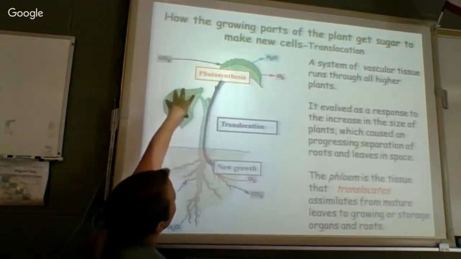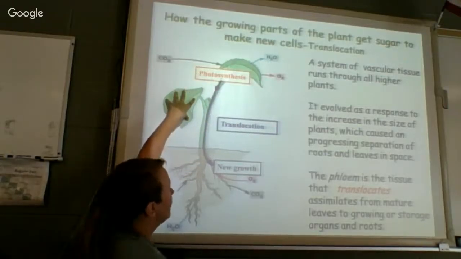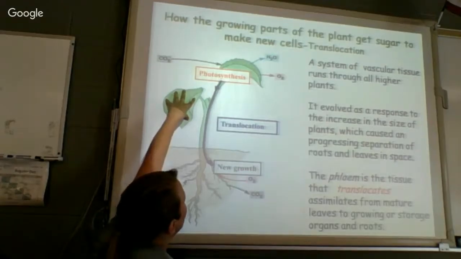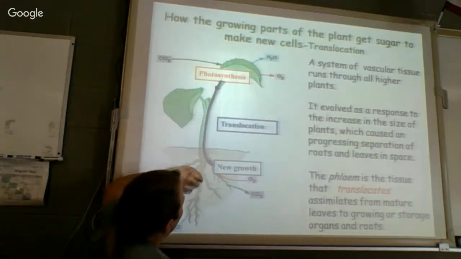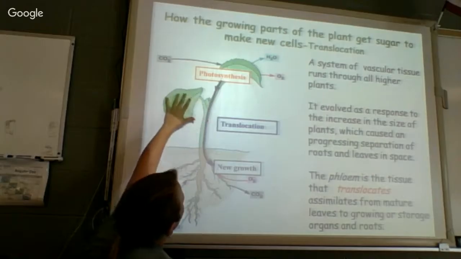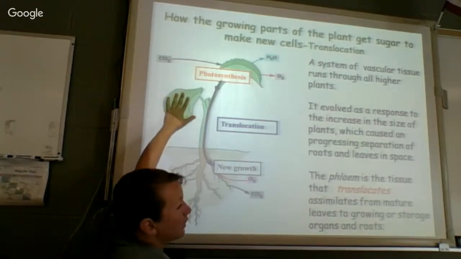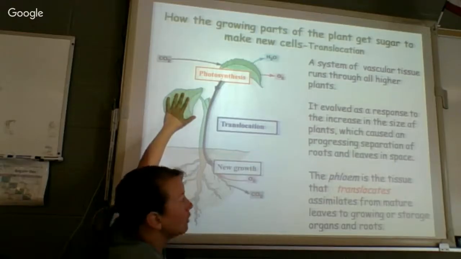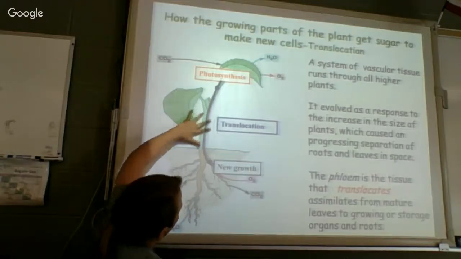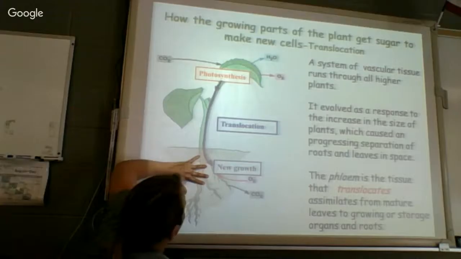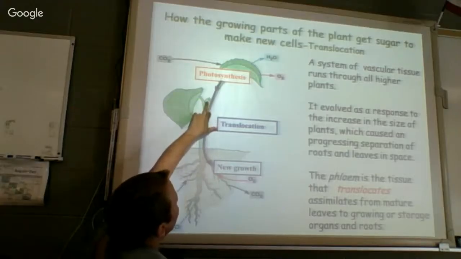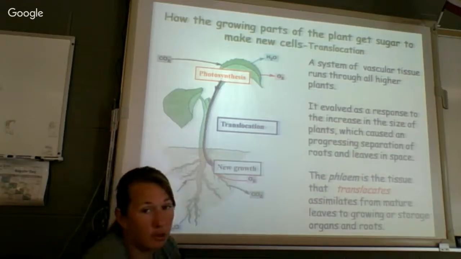The leaves are making things, so they need water. Water is translocating from the roots up into the leaf. Once photosynthesis is done, we have a byproduct of glucose, which is going to get translocated somewhere. It might go up to this bud that's going to grow, or it might go down here in the roots to be stored.